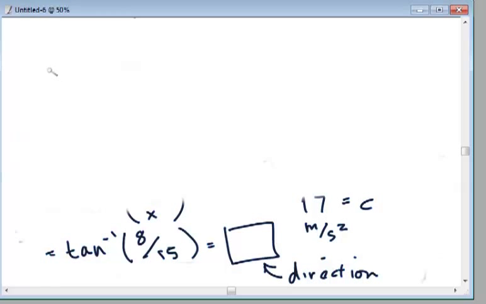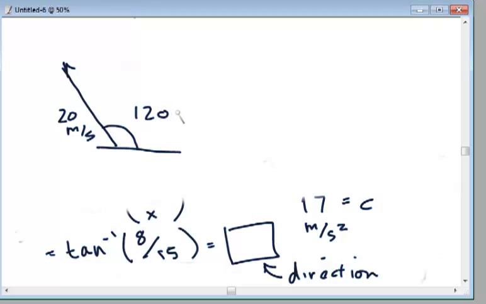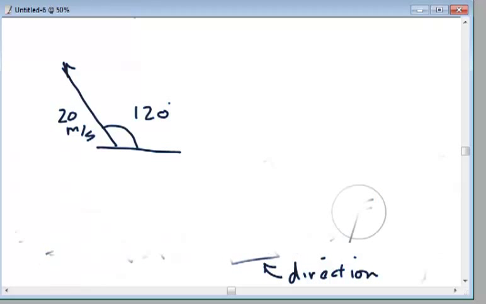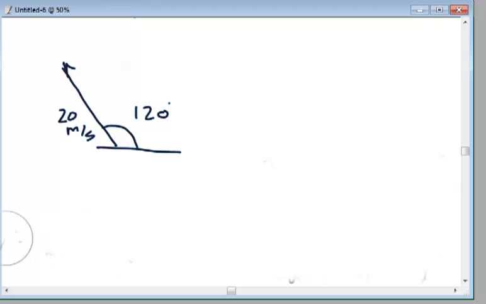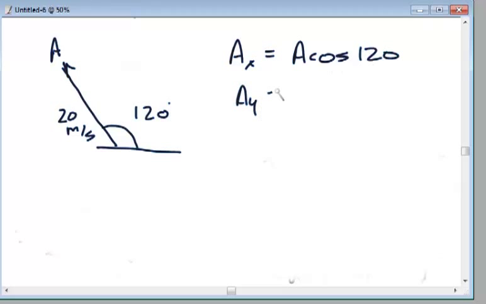There we go. Okay, so we've got a vector that is 20 meters per second long. It is at an angle of 120 degrees. And it's our job to figure out the components of this vector. What are they? Well, if we call this thing vector A, AX should equal A cos 120, and AY should equal A sine 120.